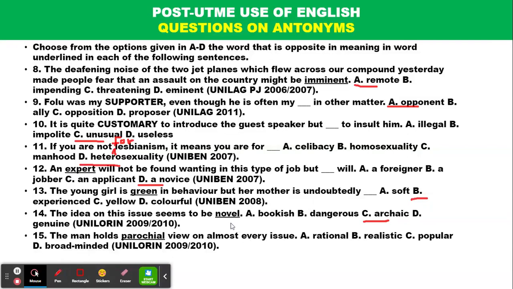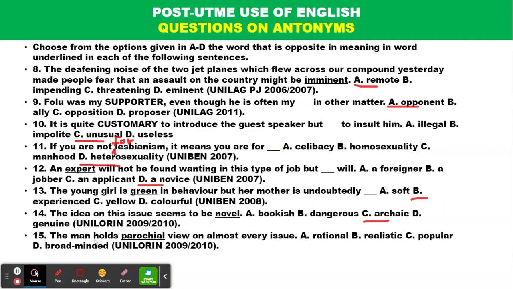If you are preparing for any of these exams, you will be helped to prepare adequately so you can score high. So question number 14 is taken from Uni Ilorin 2009/2010, and the appropriate option is C, which is archaic, the opposite of novel.